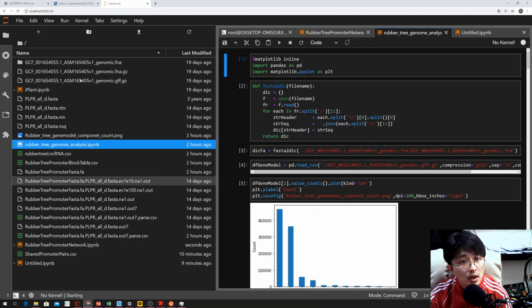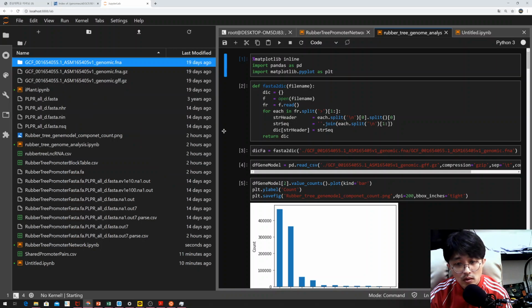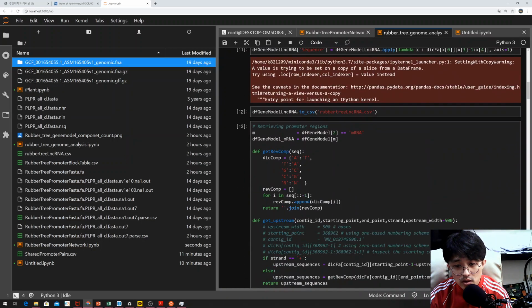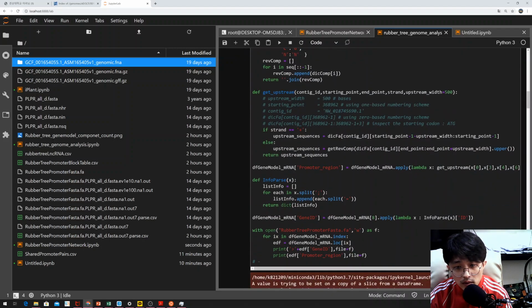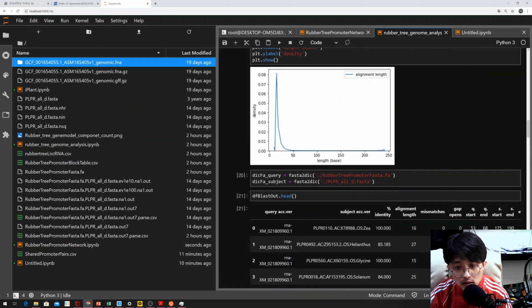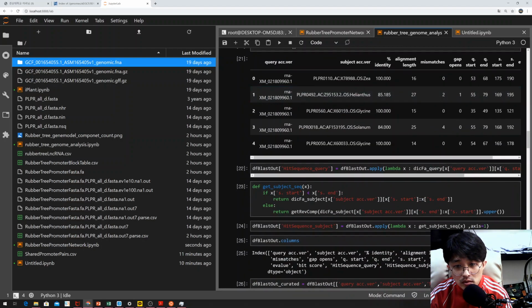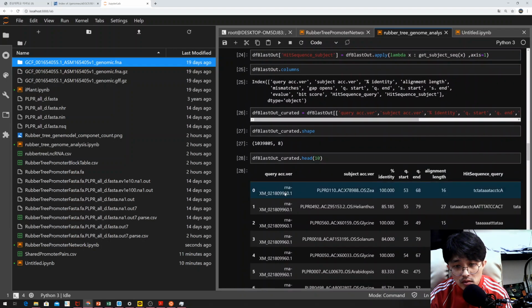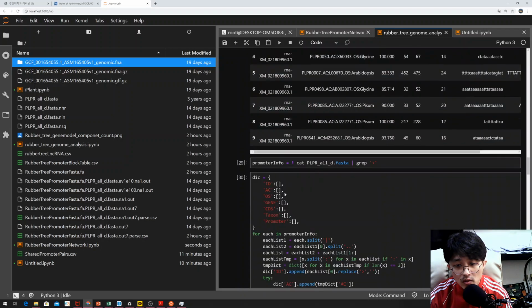No. I was thinking that we already made a dictionary that has annotation. No? This was BLAST.